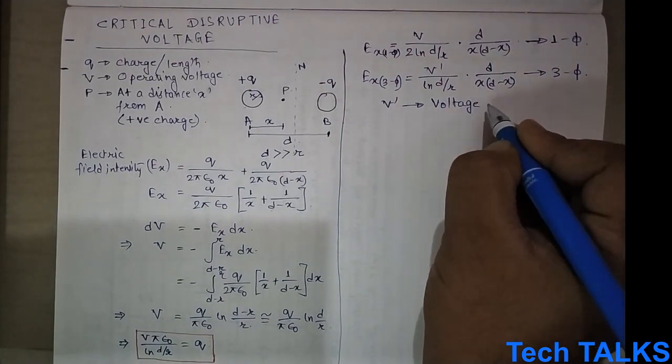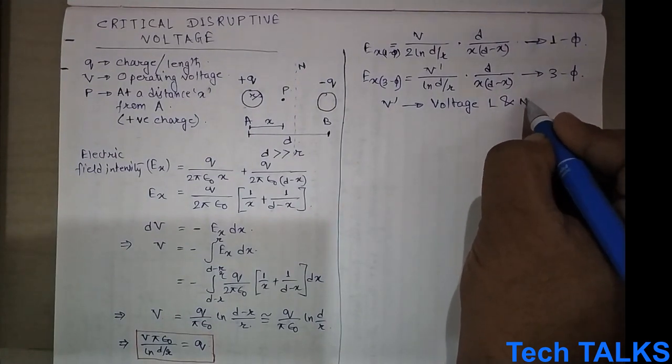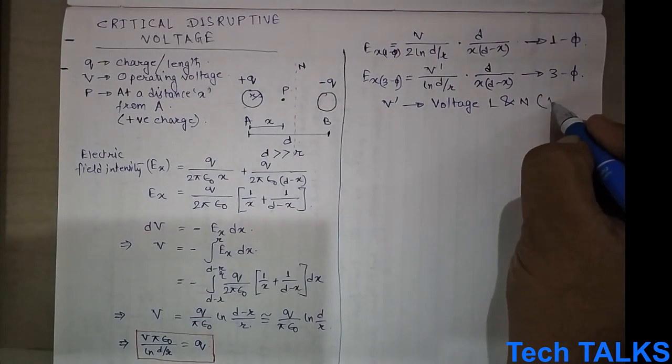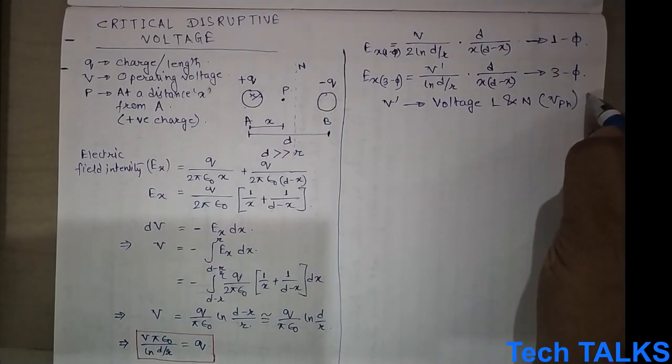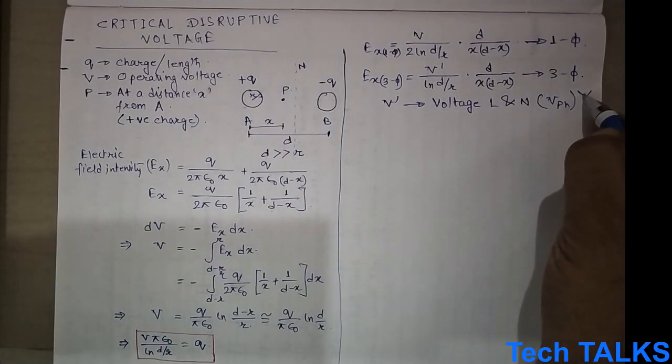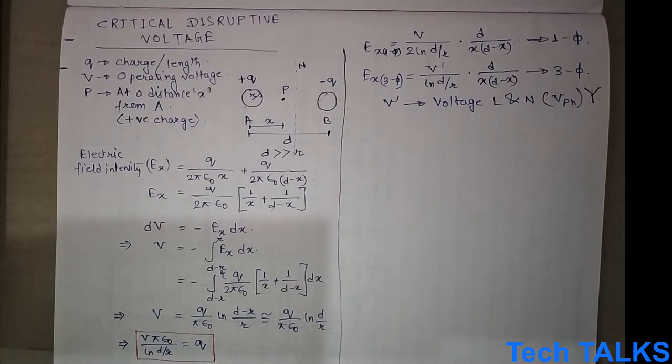Okay. From this expression for gradient, it is clear that for a given transmission line, the gradient increases as x decreases. Okay, so in both equations, you can see that when x decreases, then Ex will increase.